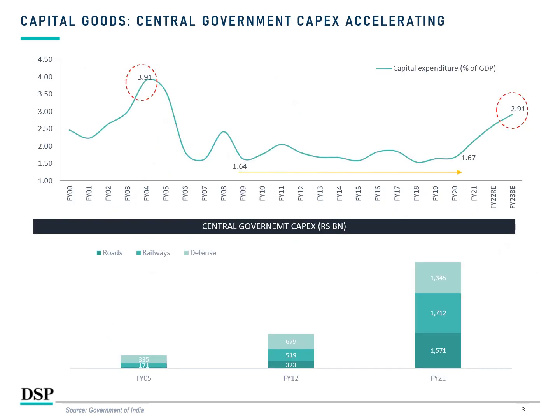In this slide, the first chart indicates central government expenditure as a percentage of GDP. Central government capex is one of the key drivers for the capital cycle. In the recent budget, the central government announced a strong capex push with 2.9% of GDP being spent on infrastructure.